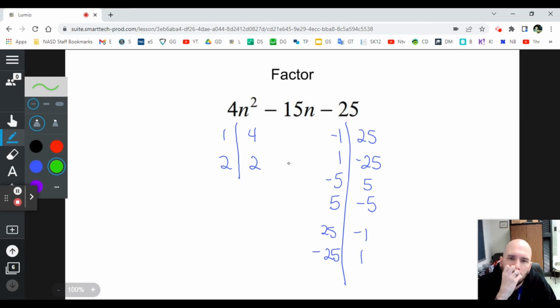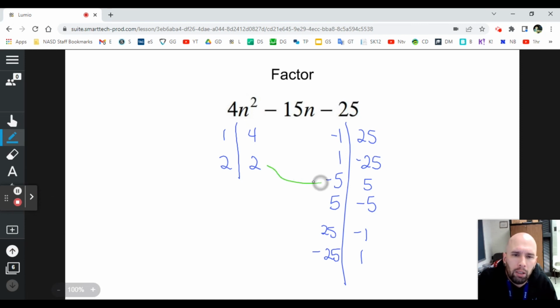How about negative 15? Let's try. These are too big. Too big. Let's try one of these. 2 times negative 5 is negative 10.